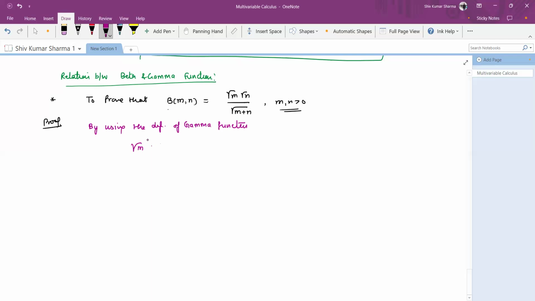Gamma m is equal to integral 0 to infinity e raised to the power minus t, t raised to the power m minus 1 into dt. Generally we remember the definition in this form: gamma n is equal to integral 0 to infinity e raised to the power minus x, x raised to the power n minus 1 into dx. But here we write this in the variable t form.